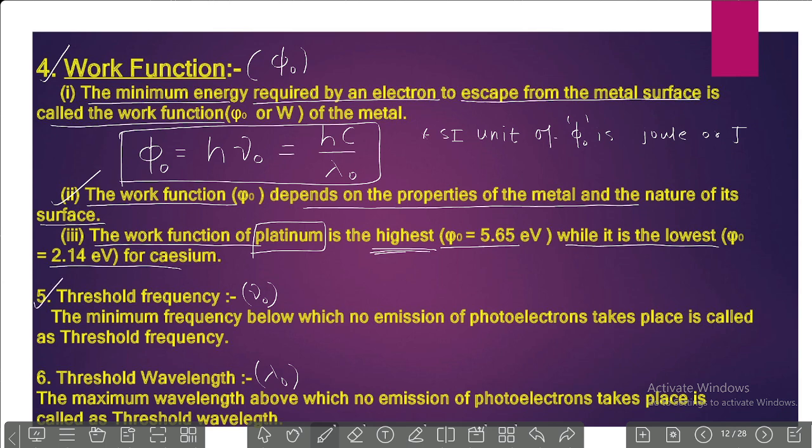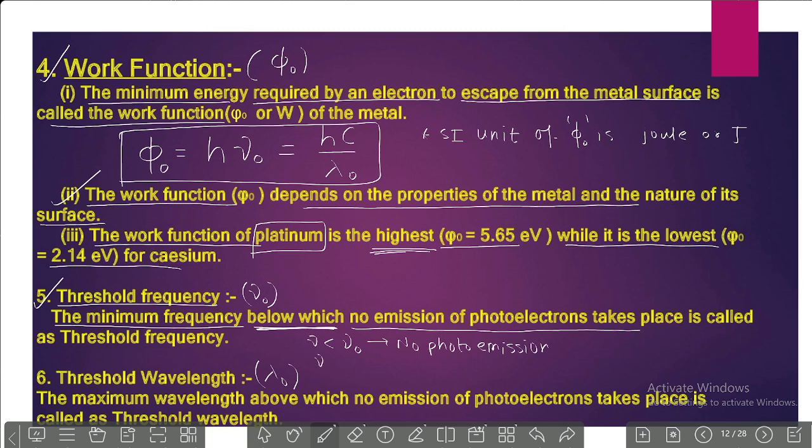Now next point, listen: threshold frequency. We told it is a minimum frequency, as discussed in the first point. It is the minimum frequency below which no emission of photoelectrons takes place. That means if the incident frequency nu is less than nu naught, there is no photoemission.